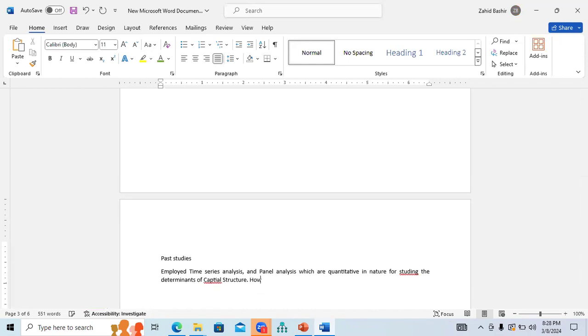However, literature does not provide any evidence for qualitative research on the above topic, and also mixed methodology.